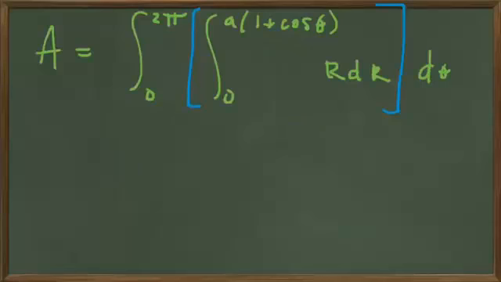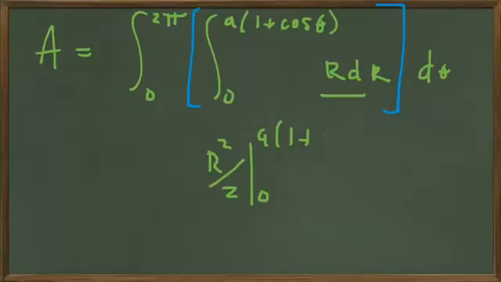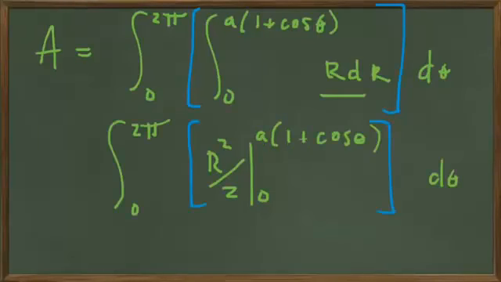So first we're integrating r with respect to dr, and that gives us r squared over 2, and then we're going to plug in the limits of integration, 0 to a times 1 plus cosine theta. When we plug in those limits of integration, we get this.